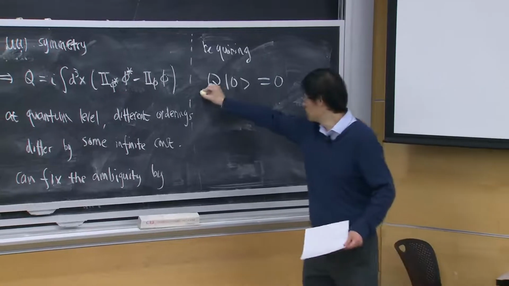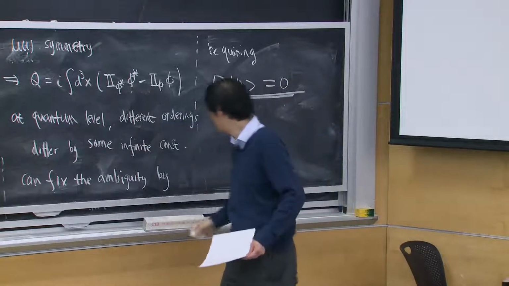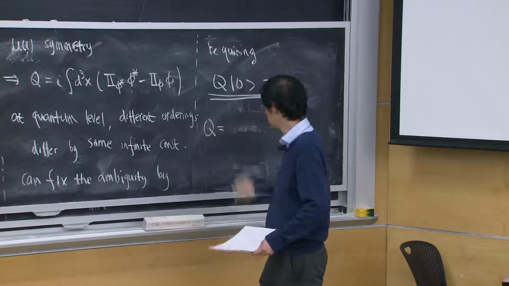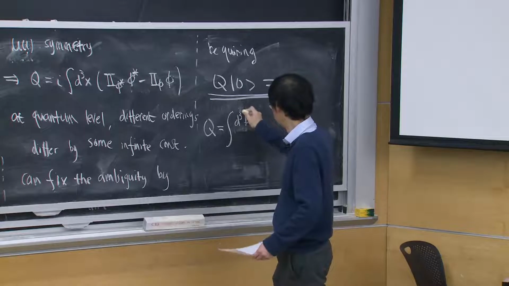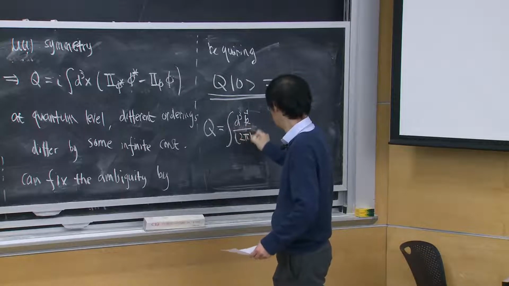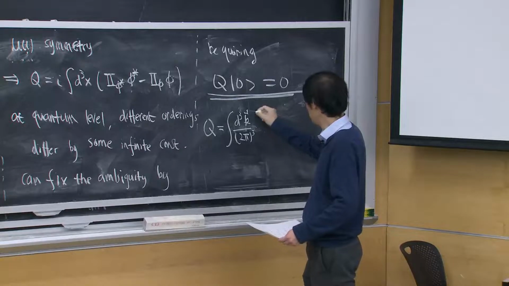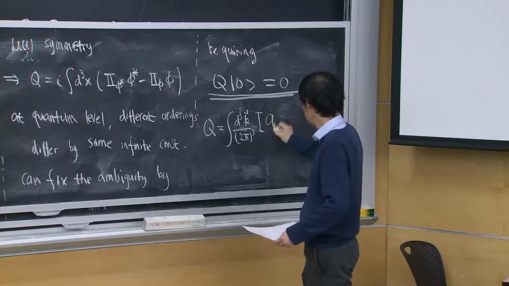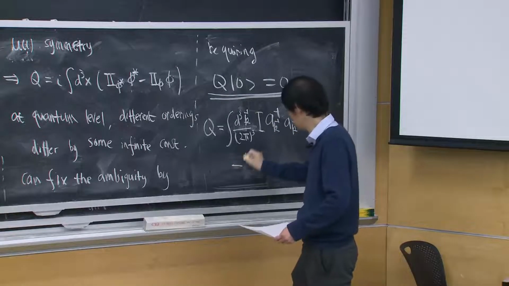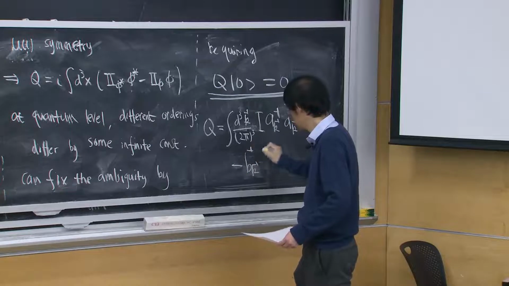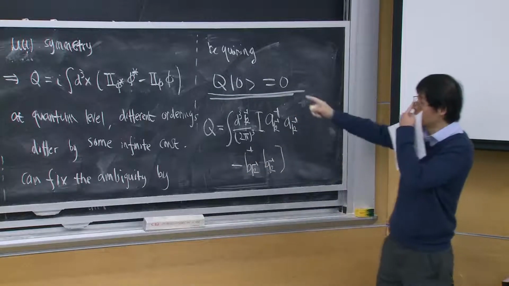By applying this condition, you can show that Q has the following form. You may already be able to guess the answer: A_k dagger A_k minus B_k dagger B_k.